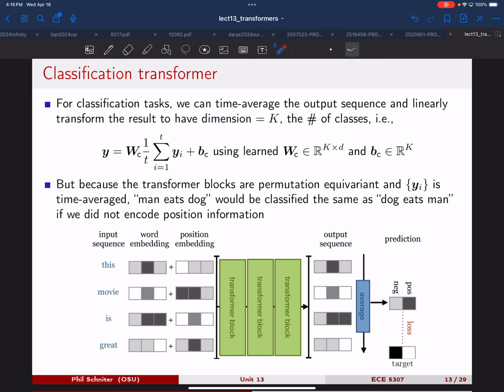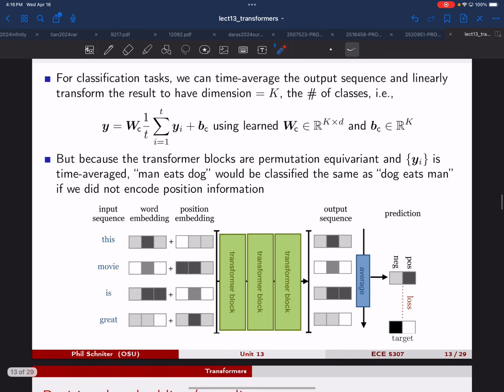So we need a matrix here that converts from dimension D to dimension K. We can add a bias too. And then that is also trained in conjunction with all the transformer's weight matrices for this classification task. So this is how we can use a transformer for classification.